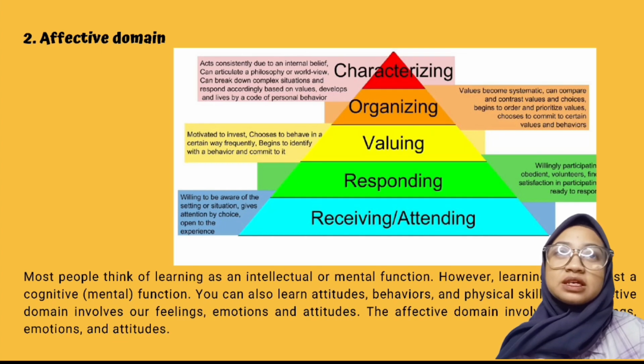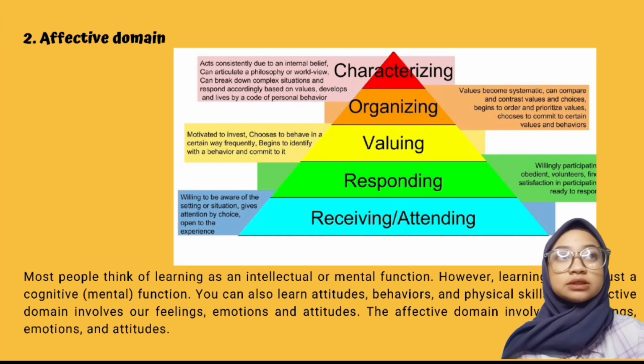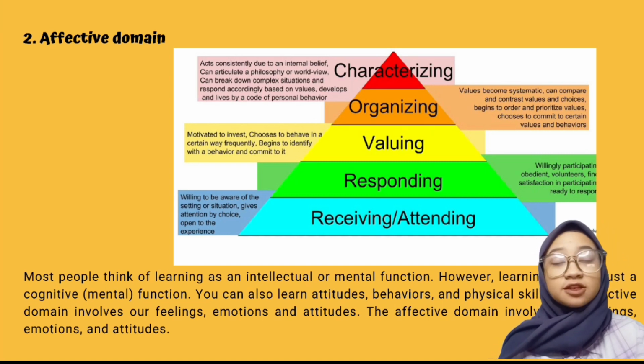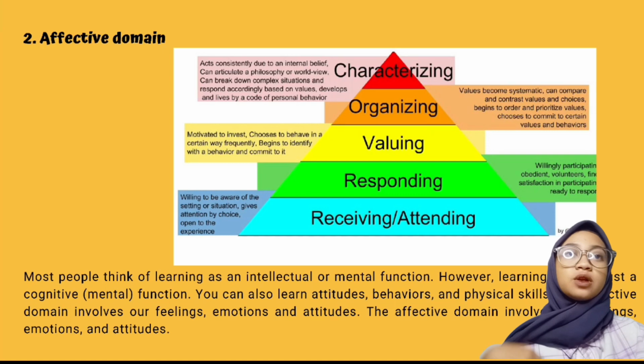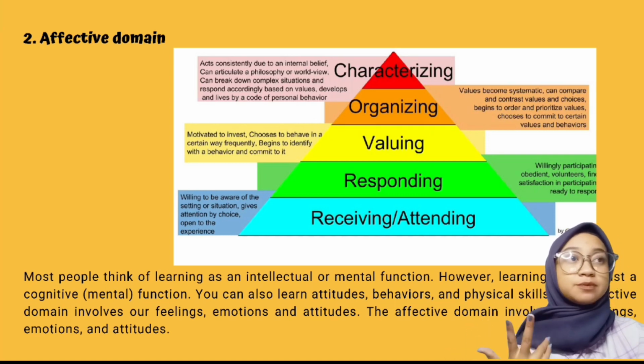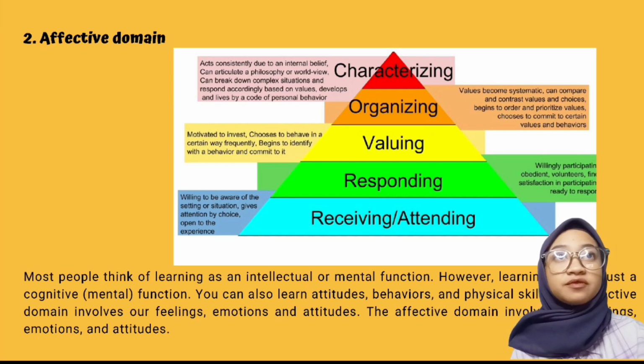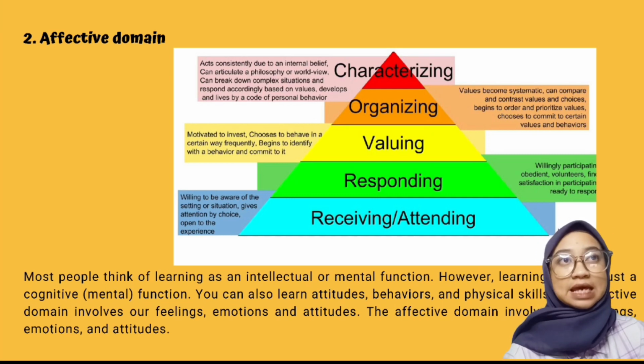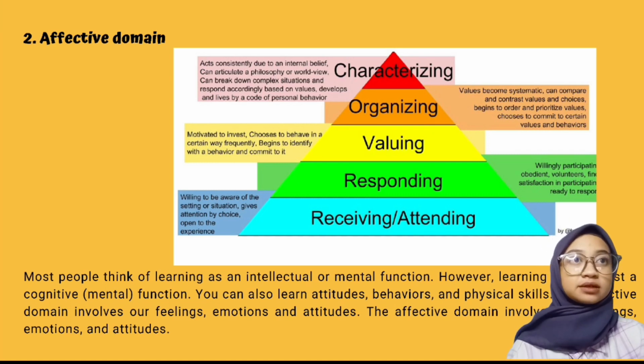Most people think of learning as an intellectual or mental function. However, learning is not just a cognitive mental function. You can also learn attitudes, behaviors, and physical skills. The affective domain involves our feelings, emotions, and attitudes.